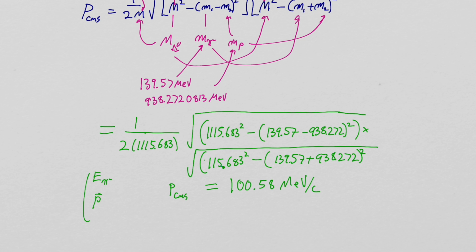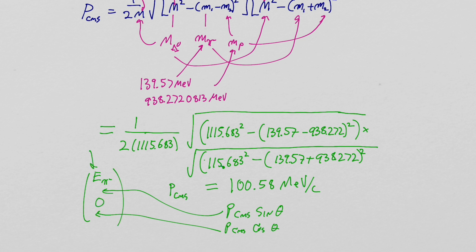Now, the momentum vector we kind of know, because it's going to be the momentum in the CMS frame sine theta for the x component, and the momentum in the center of mass frame cosine theta for the z component, and the y component will be 0. But what about this E?